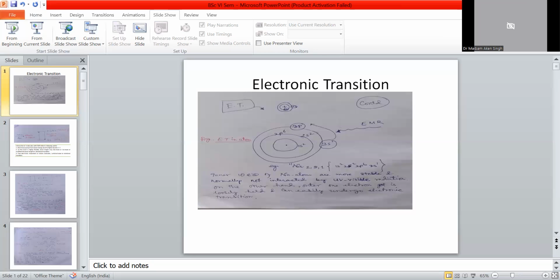For example, in ethanol, in this particular UV-visible region, how many types of transition can we see? There are sigma to sigma star and n to sigma star, due to the presence of sigma bonds and non-bonding electrons.